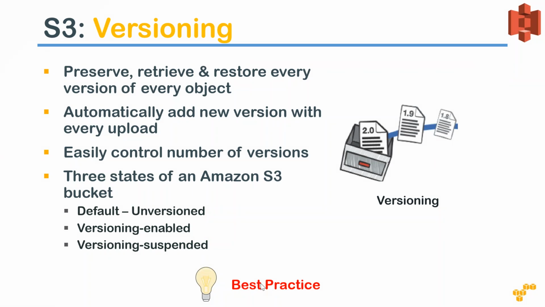And Amazon recommends that if you have mission critical data, say a golden image of your operating system with latest patches and binaries installed, then go ahead and enable versioning, because you are not going to have multiple copies changing multiple times. But if inadvertently somebody changes it to a latest version and you find the latest version is not working, you can quickly go back and restore the older version if you have versioning enabled.